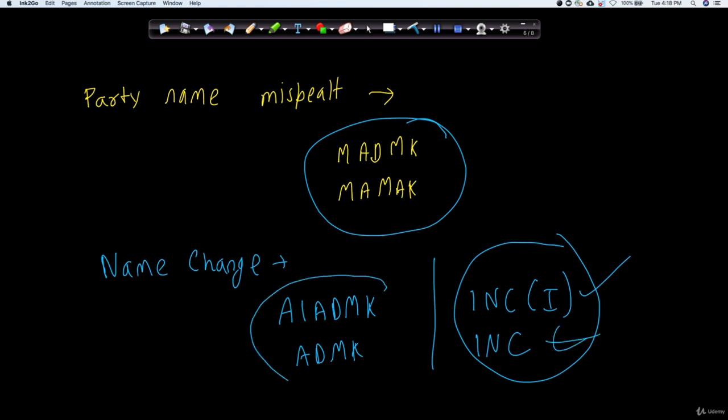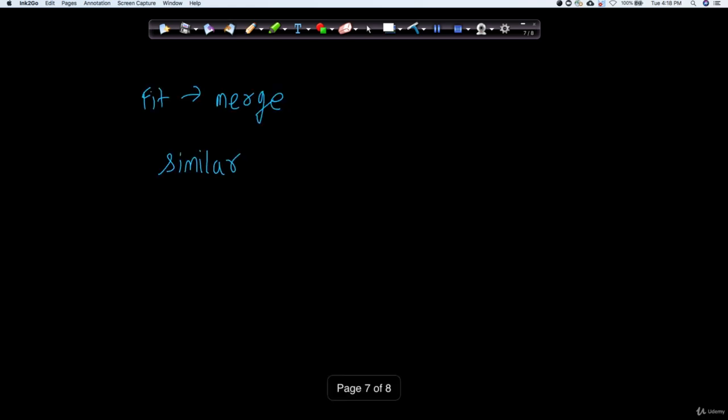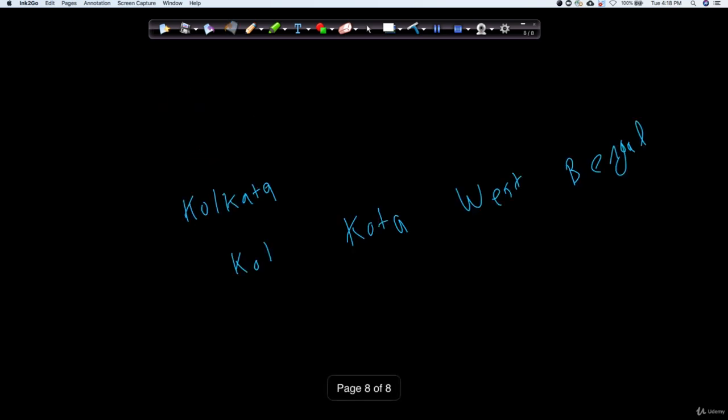Similarly, earlier we had AIADMK, but now they have changed it to ADMK. So you will notice this sort of problem too. You have to understand the data, look at it and merge. So this can be one of the potential issues which happens a lot when you work on this sort of problem.